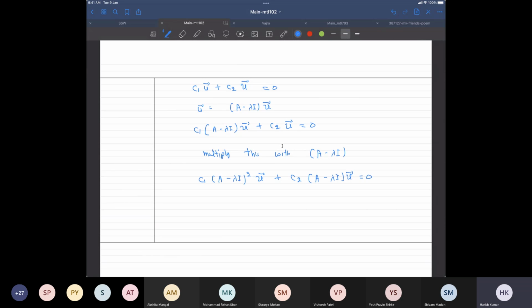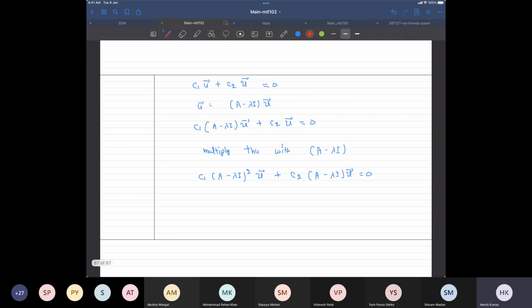Now clearly this first term will be equal to 0. Why? Because n is equal to 2 and lambda is an eigenvalue, so the characteristic polynomial will be of degree 2, and this characteristic polynomial is satisfied by lambda. So lambda is a root, so this will vanish.